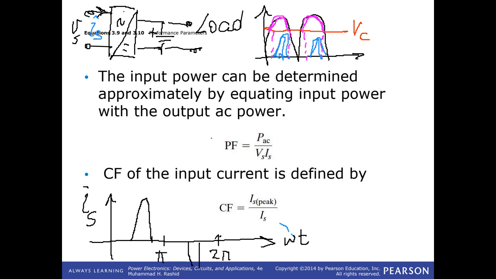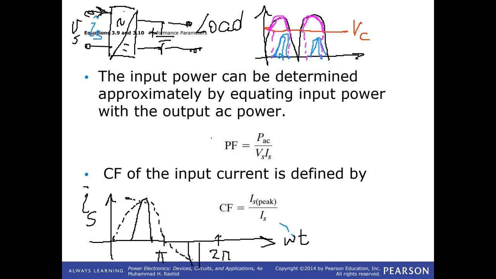This is the peak value. So the crest factor of this kind of waveform, we don't like it. We don't want to draw that kind of current from the system. We prefer a sinusoidal one. We prefer this one.